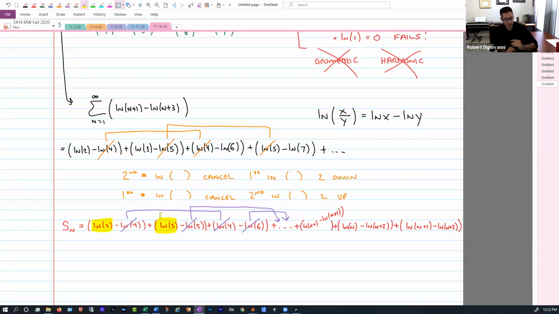And at the end of this partial sum, the natural log of n plus 1 cancels with the one 2 up. Natural log of n cancels with something 2 up. This natural log of n minus 1 cancels with something 2 up. And the only things that remain are this one and this one.